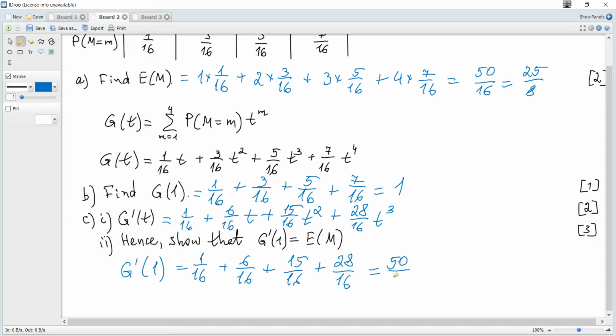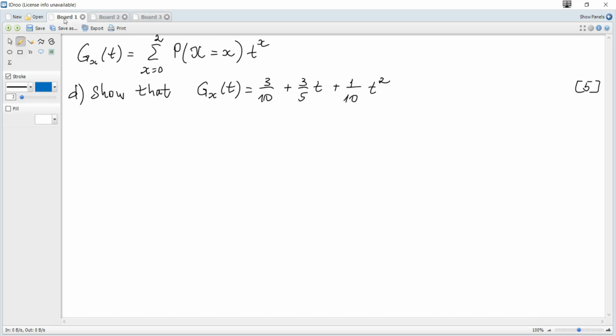It's 50 over 16 or 25 over 8, and it is equal to the expected value of m as required.